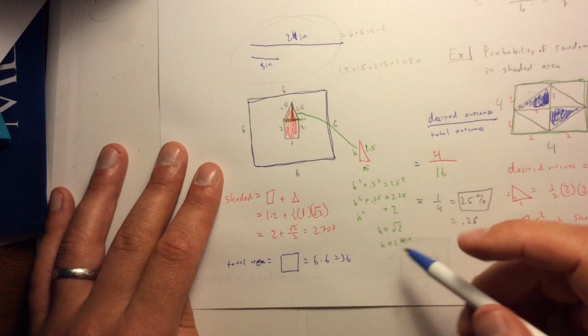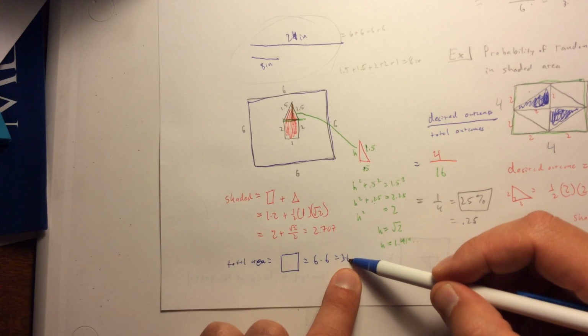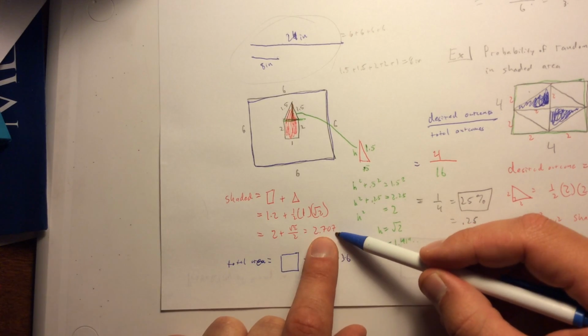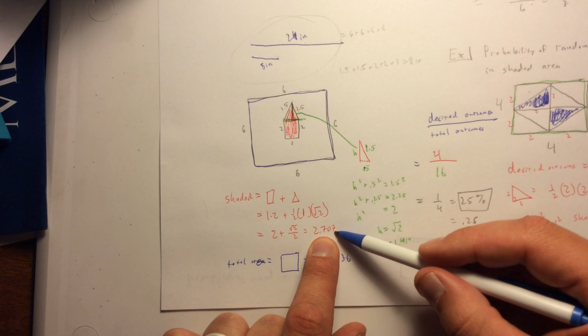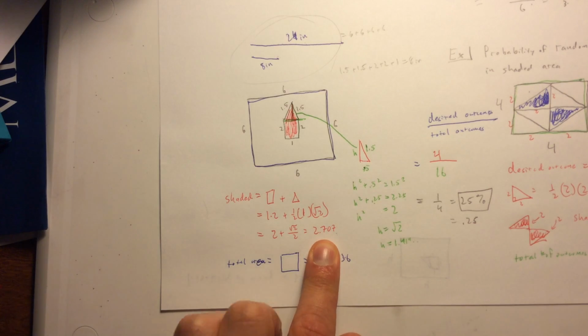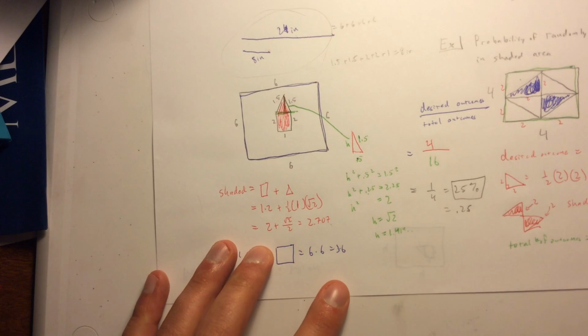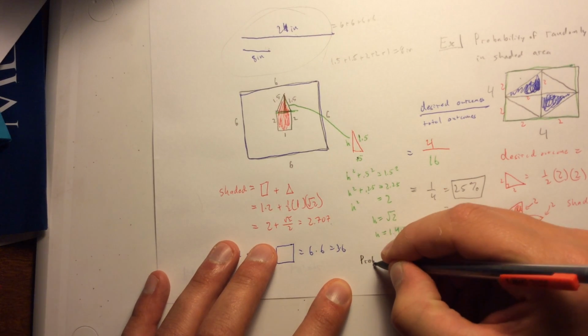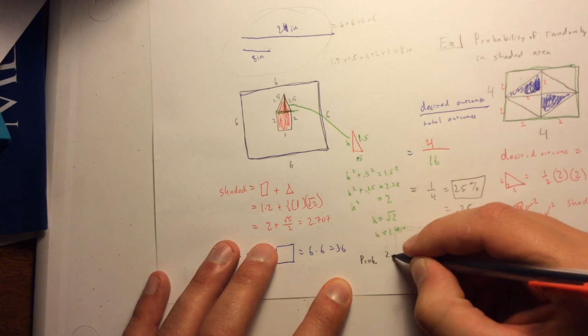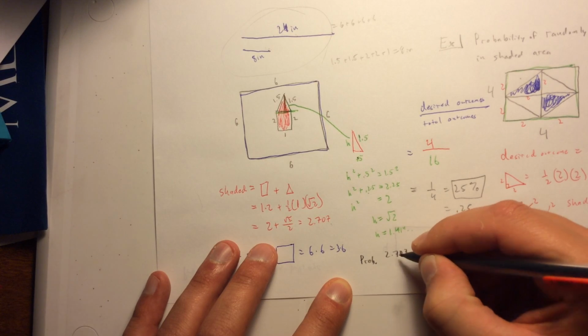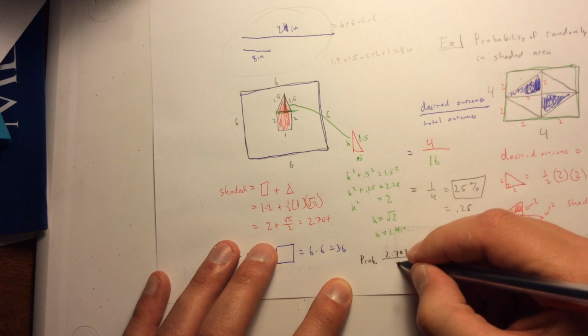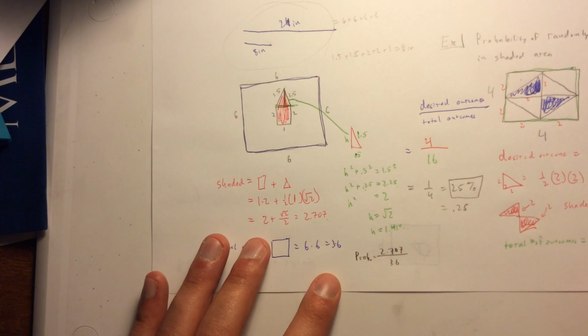So what's the probability of landing here? Well, the total number of places I can land is 36. I want to land in a spot that's only 2.707. So the probability is going to be 2.707 divided by 36.